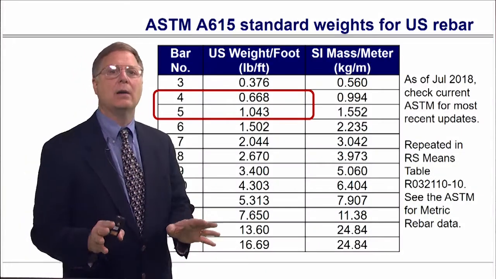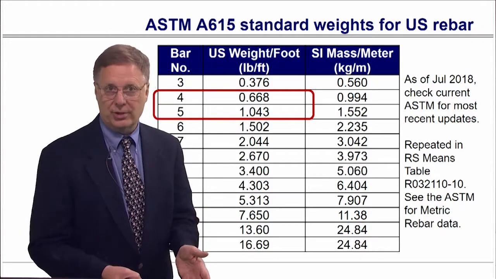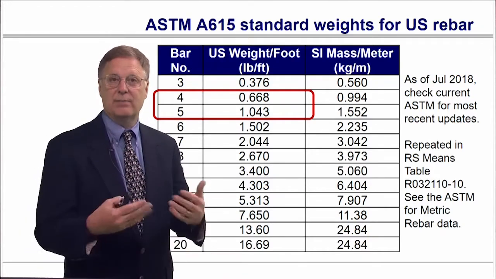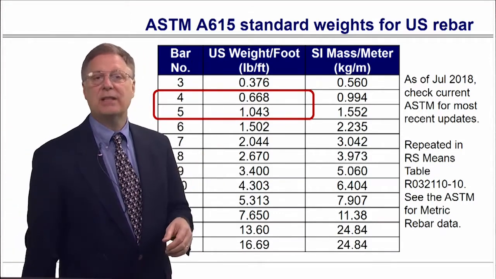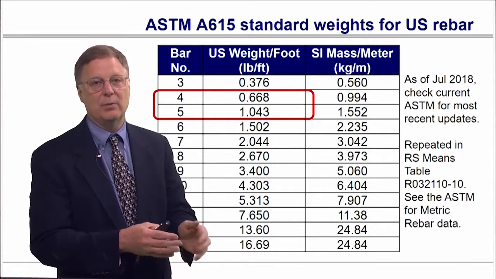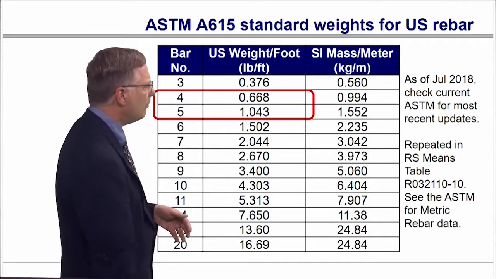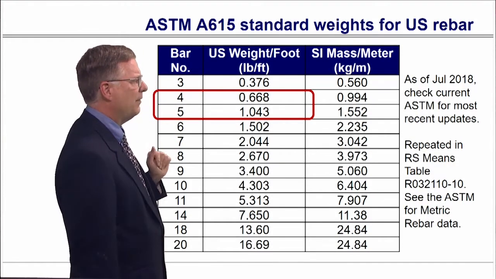Now here's where we need to make the conversion because we price by pounds. We don't price by the number of feet. That's how RSMeans goes. That is often how you're going to be buying them from the rebar plant as well. So we're going to go in and get number 4 bars, and we got number 5 bars.